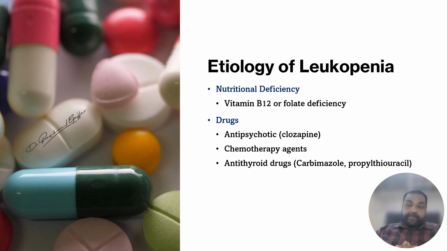Nutritional deficiency. In this case, vitamin B12 and folate are the raw materials of erythropoiesis. So if they are both low, so RBC भी डिस्ट्रक होगा और RBC भी नहीं होगा, एनीमिया भी होगा और साथ में ल्यूकोपेनिया भी दिखाई देगा. Right? Now some drugs, like antipsychotic drugs, clozapine is used to treat schizophrenia.